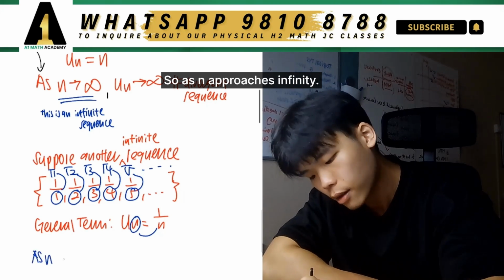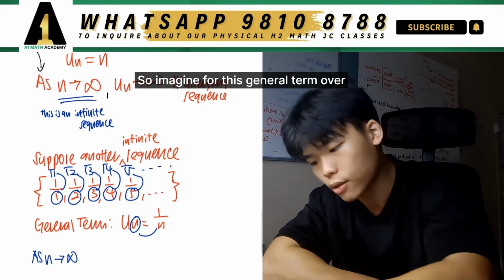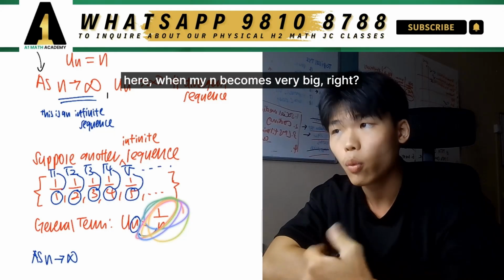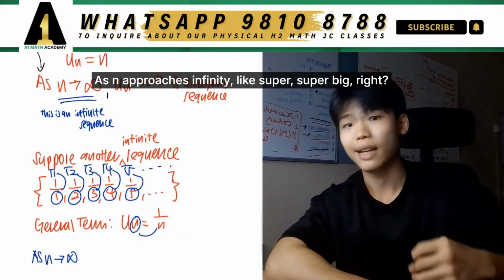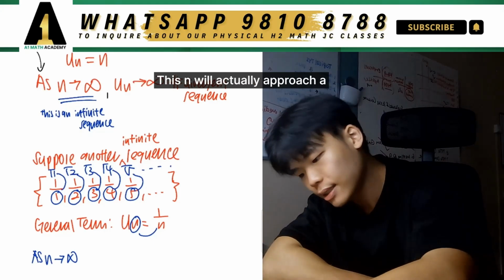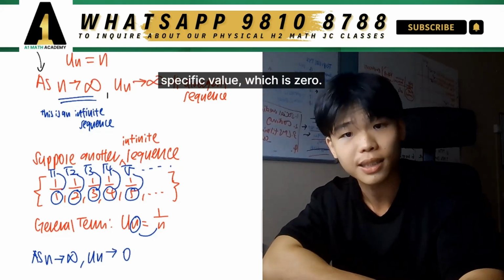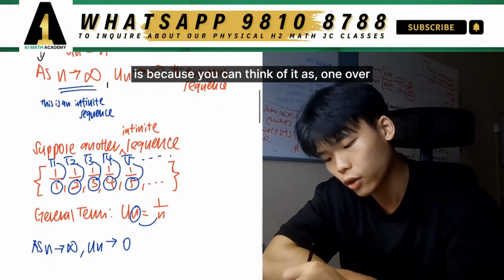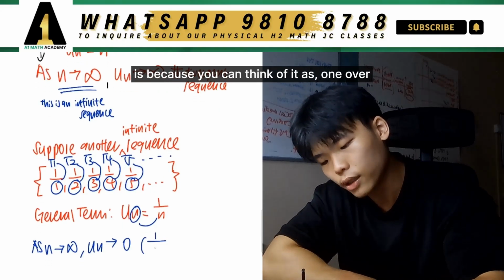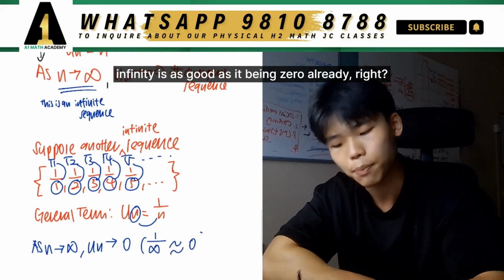As n approaches infinity, imagine for this general term that n becomes super big. Then un will approach a specific value, which is 0. Why does it approach 0? You can think of 1 over infinity as being as good as 0 already.